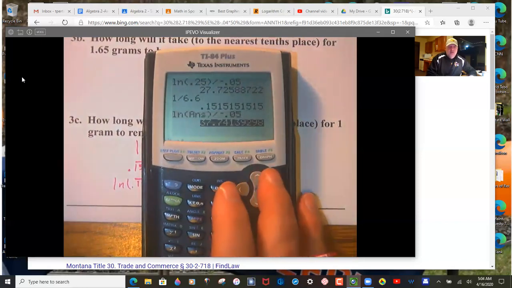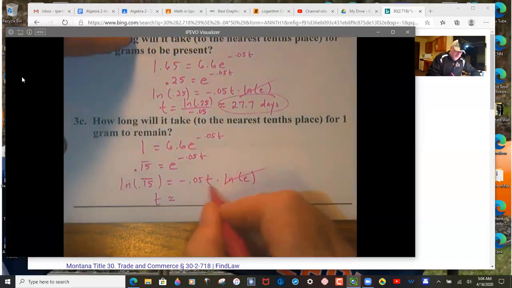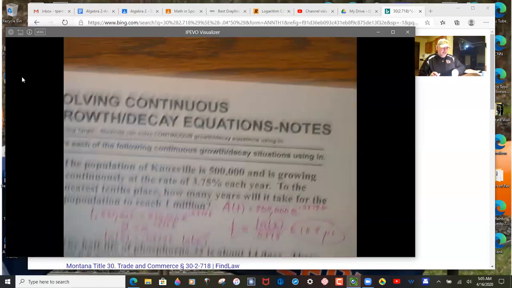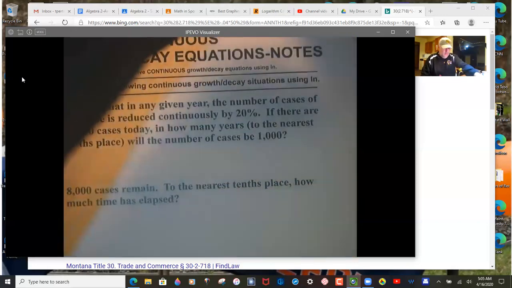That's going to be pretty big if you're using your calculator doing this. So 37.7 days. All right, last page. Same idea over and over.